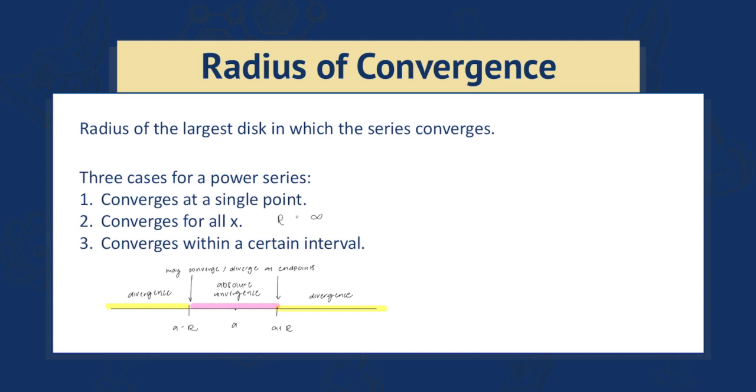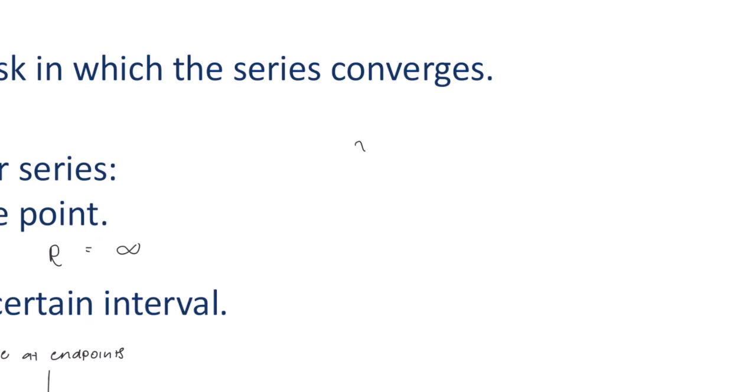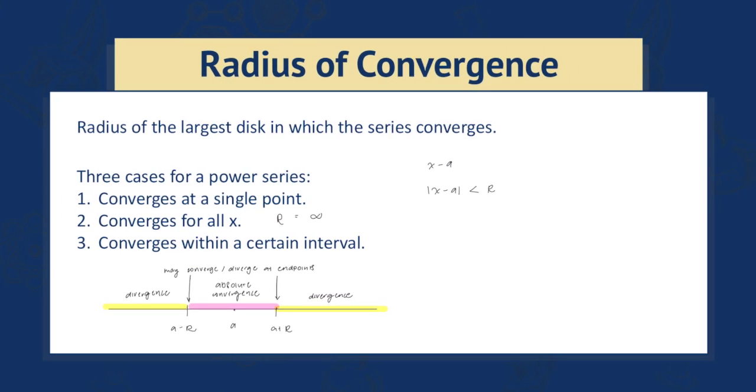So the radius of convergence, denoted by the letter R, determines where a power series is valid. So if we have a power series centered at a, the radius of convergence satisfies the absolute value of x minus a less than R. So inside this interval, the series converges.